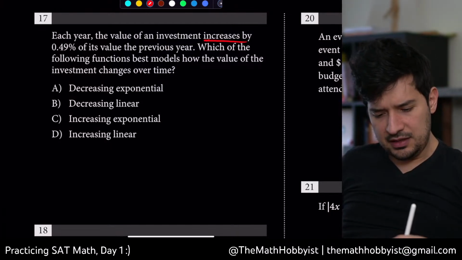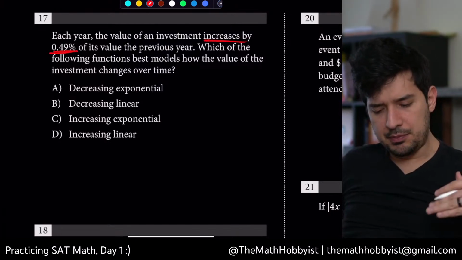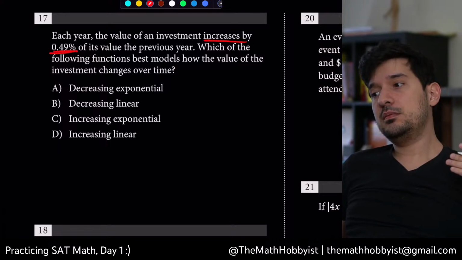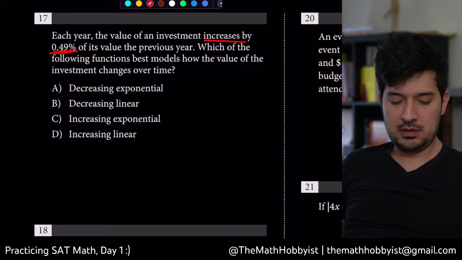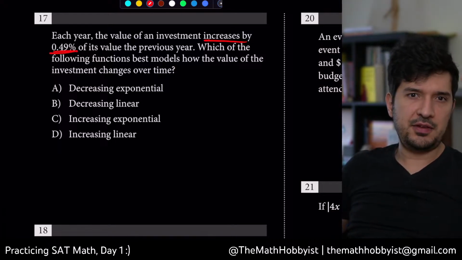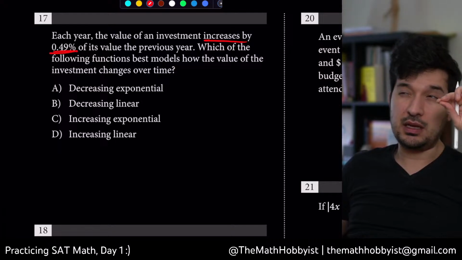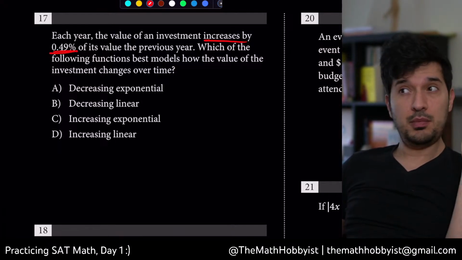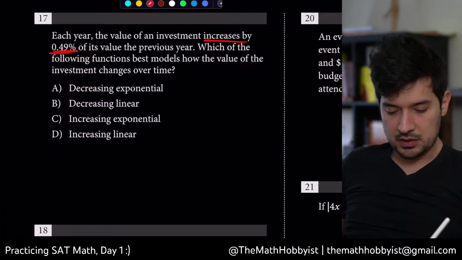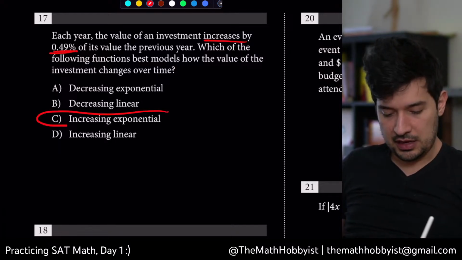So it's increasing by 0.49%. Yeah, I don't know a good way to explain, don't overthink, the fact that it's between 0 and 1. If you're increasing by point something percent, you're still increasing. So this is an increasing exponential.